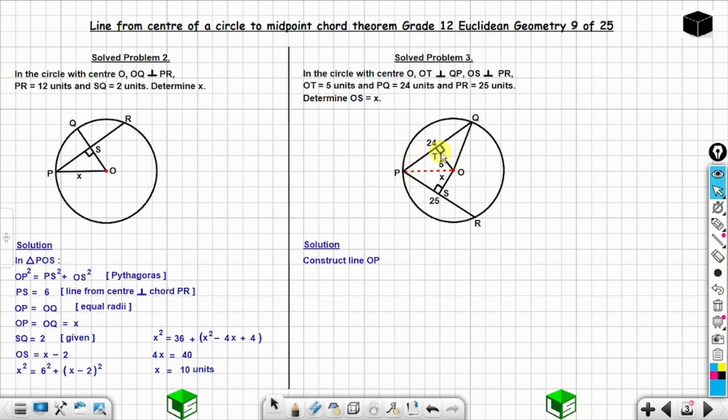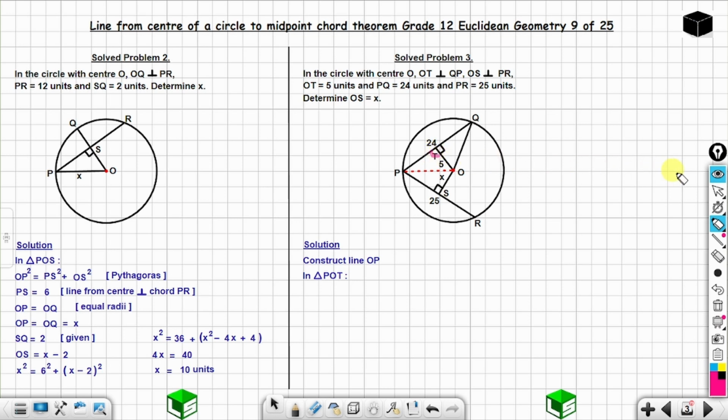In the triangle POT, you can use Pythagoras because this is a right triangle. You have a right angle there.